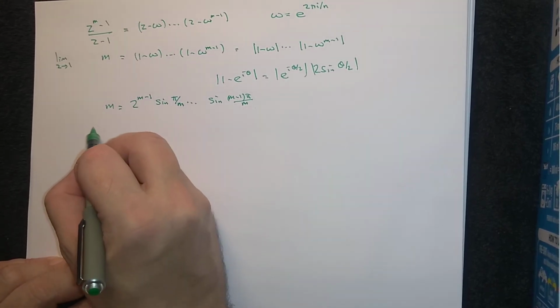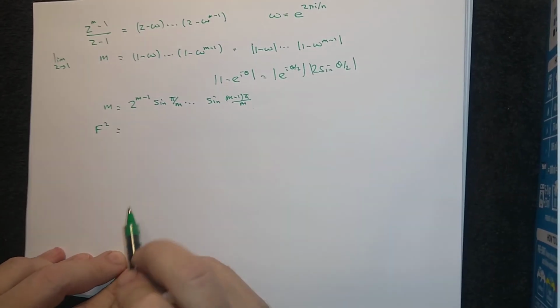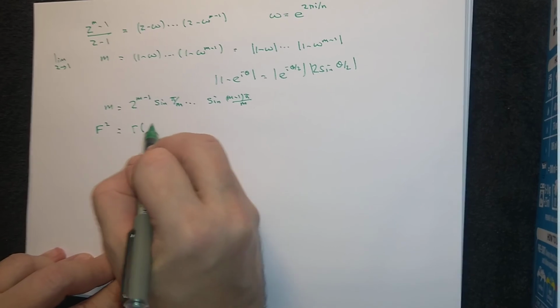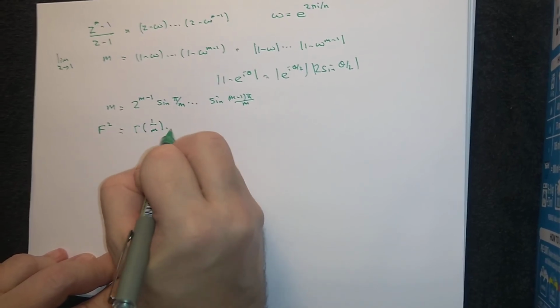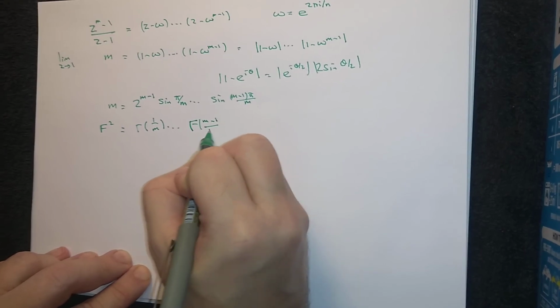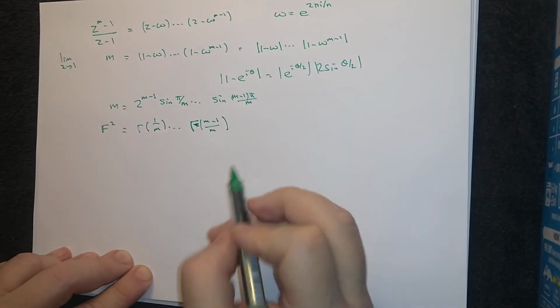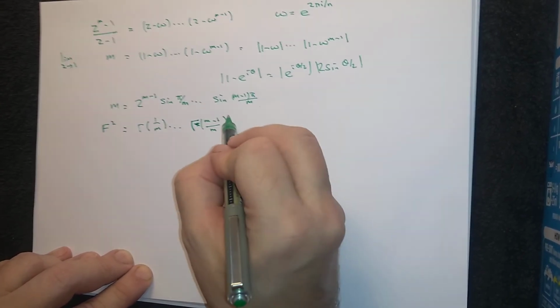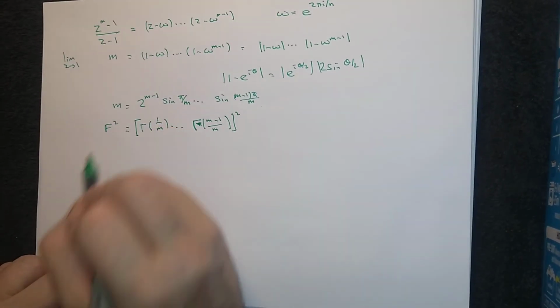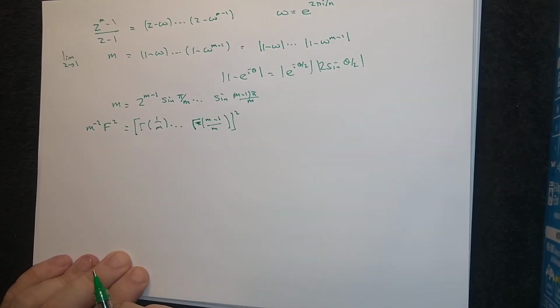Therefore, f squared is gamma 1 over m, gamma n minus 1, gamma n minus 1 to the n all squared, and there's an m to the minus 2 there.